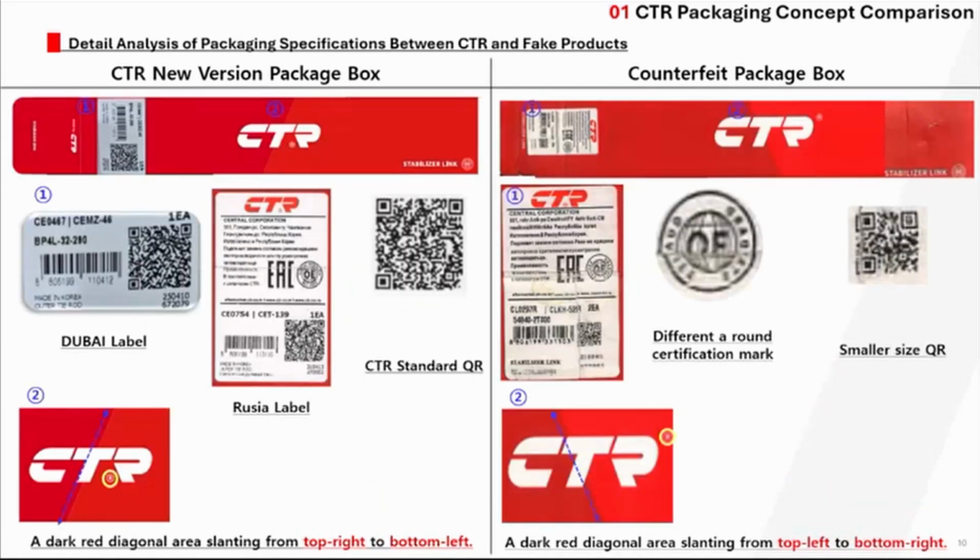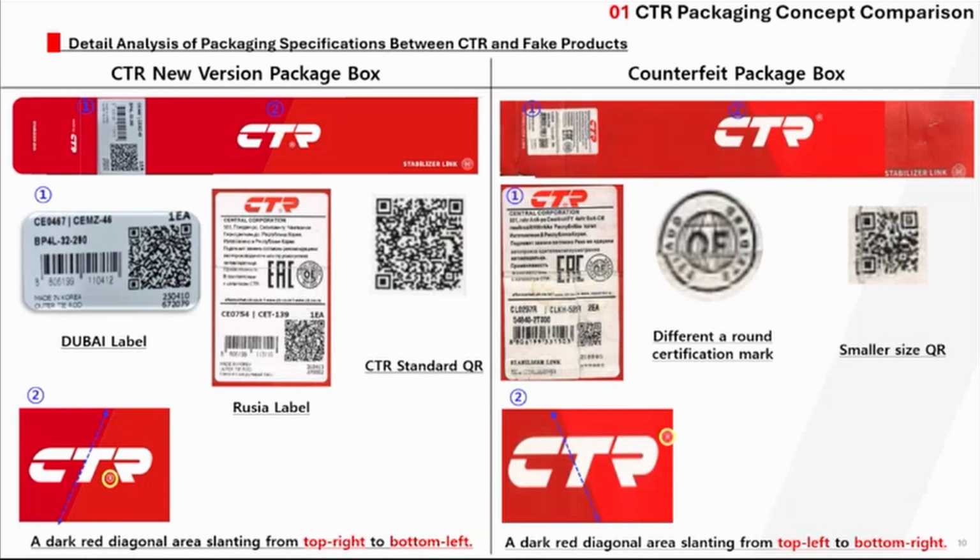This slide highlights several critical packaging differences between the genuine CTR box on the left and the counterfeit version on the right. Let's go over the main points. First, the product label area.